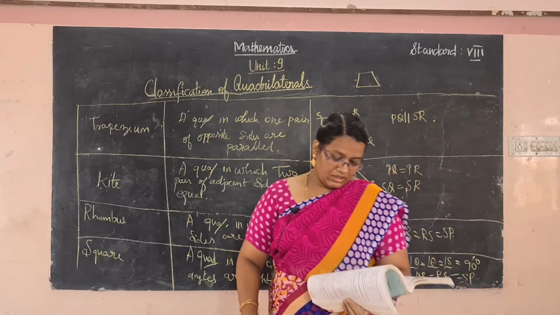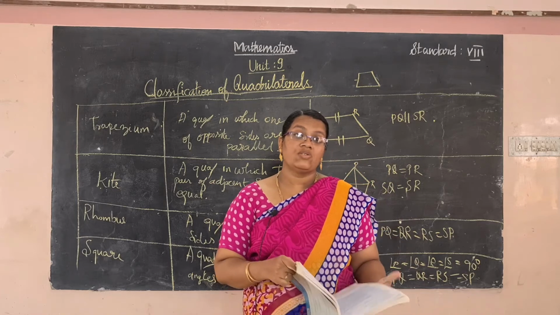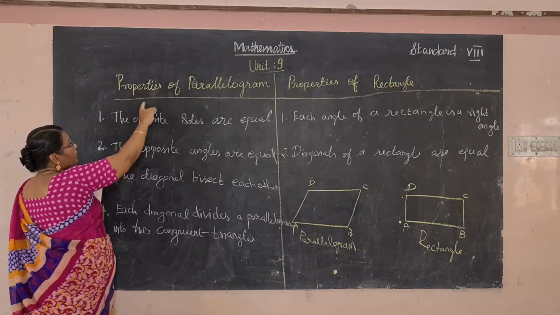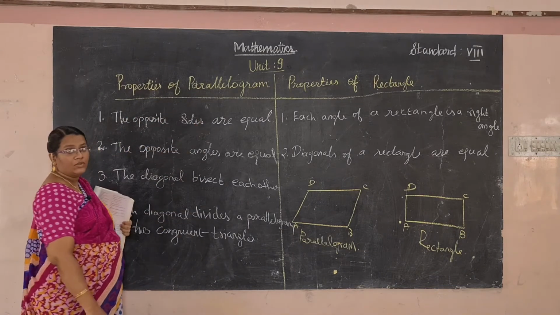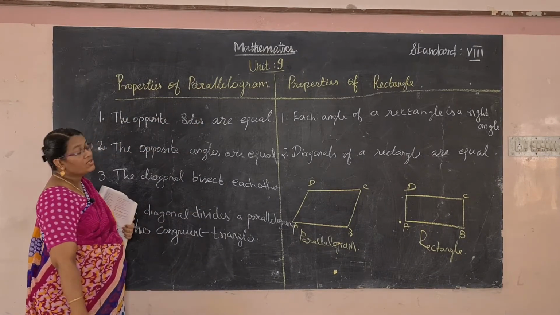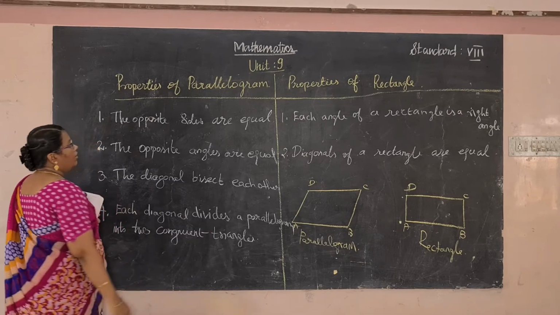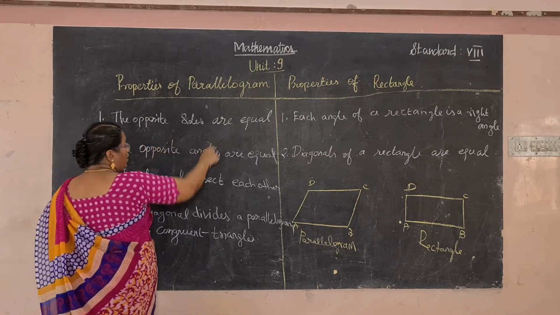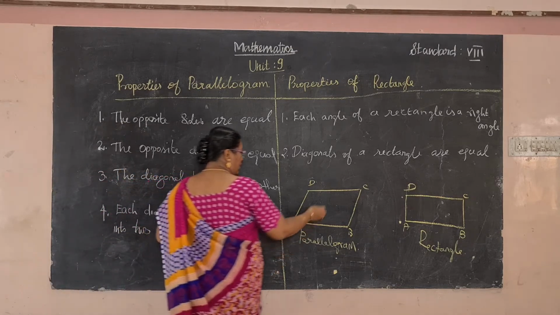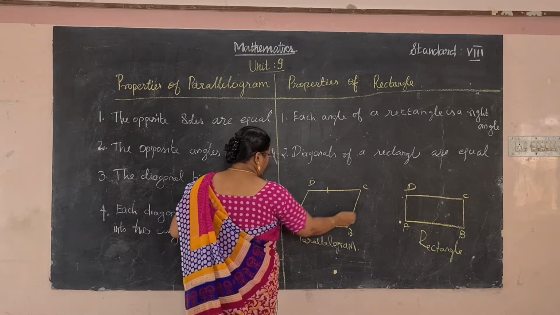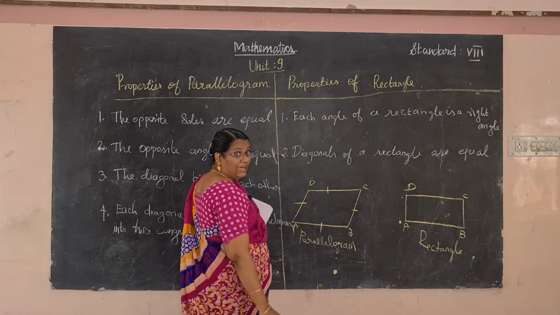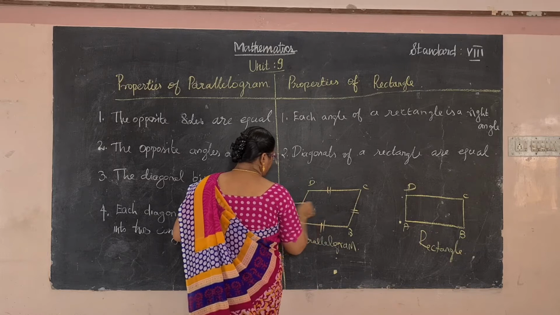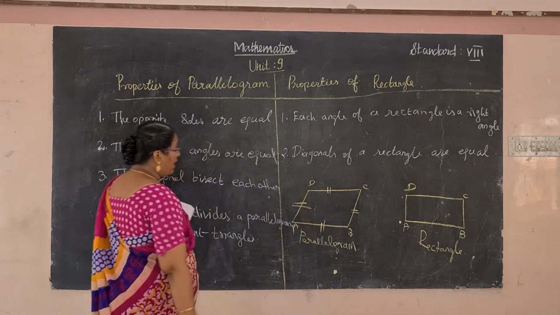Right. Next we have learned about the properties of parallelogram. What are the properties of a parallelogram? Opposite sides are equal and parallel.